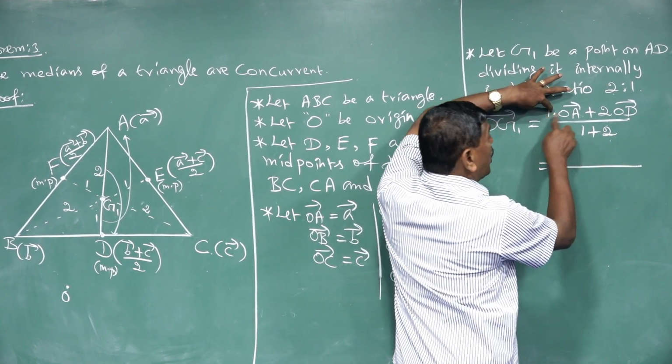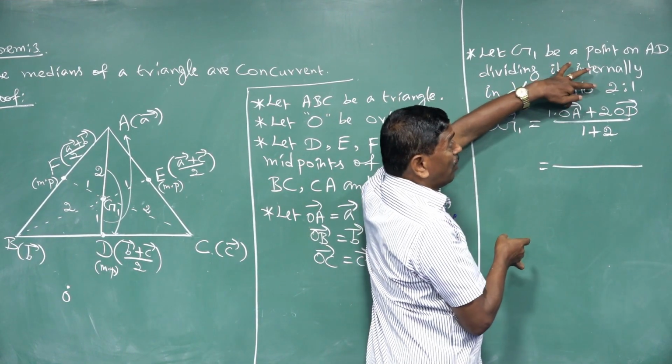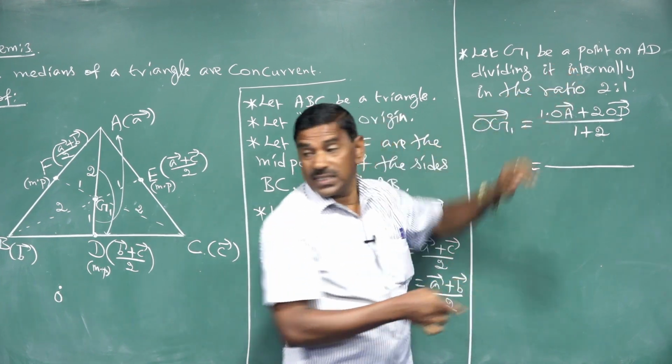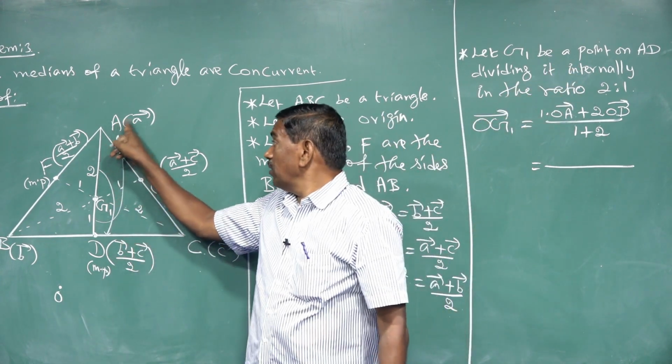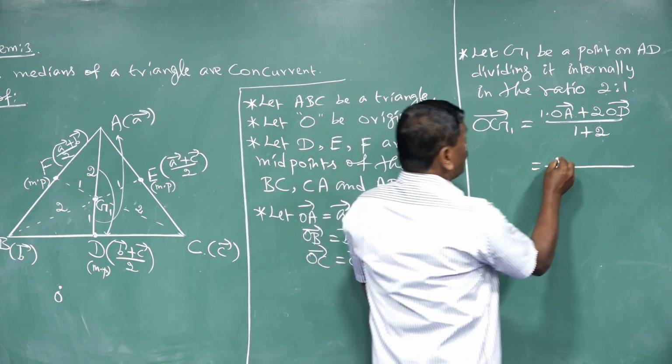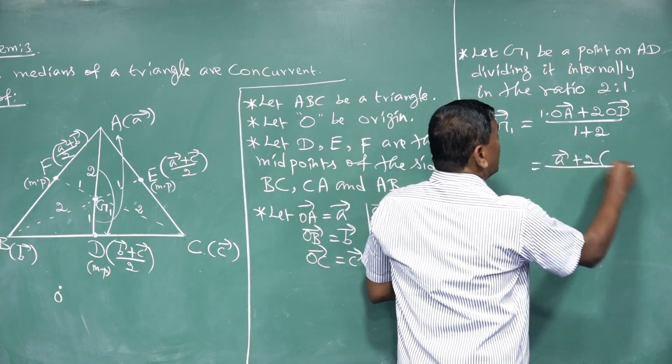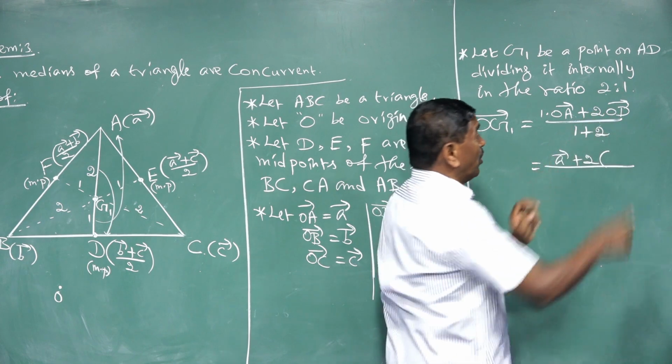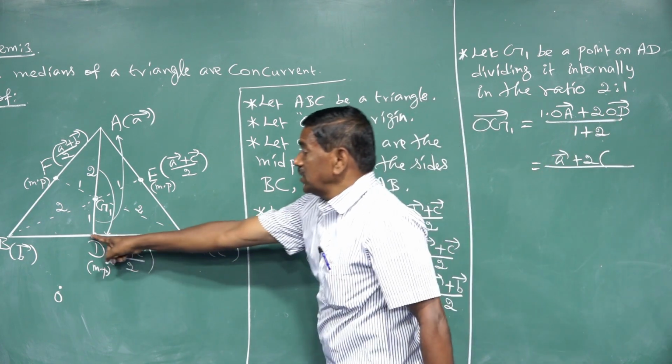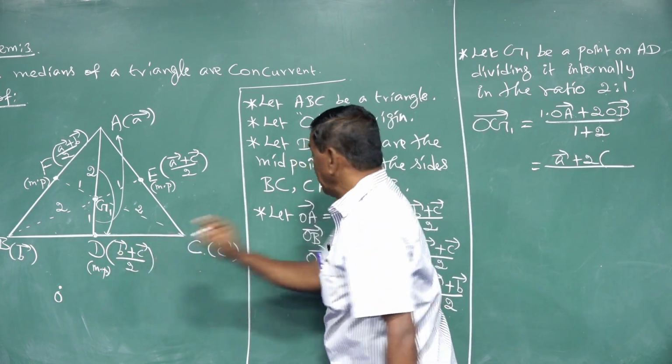Here, 1 into OA vector. What is OA vector? OA vector is equal to A vector. Therefore, A vector plus 2 into OD vector. What is OD vector? OD vector is equal to B vector plus C vector by 2.